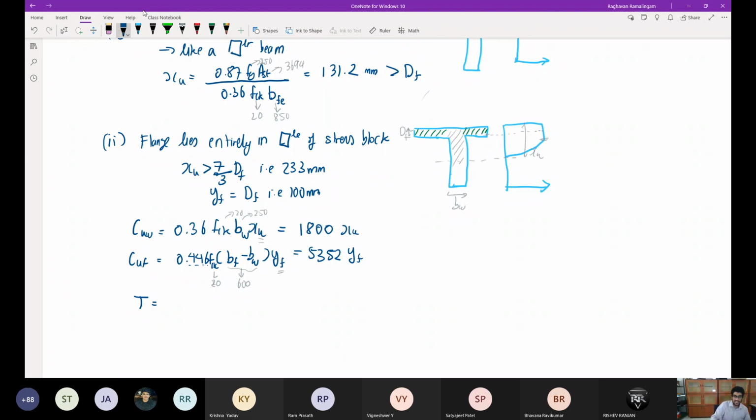We already know the area of steel, so you can find out tension force, which is 0.87 Fy AST. So how much is the tension force? You don't need to keep it in terms of AST or Fy, you give me the actual number itself.